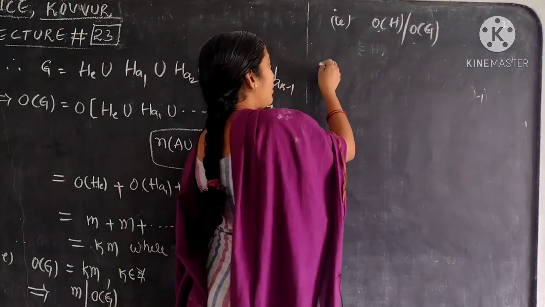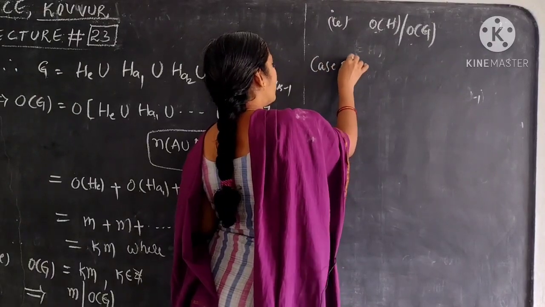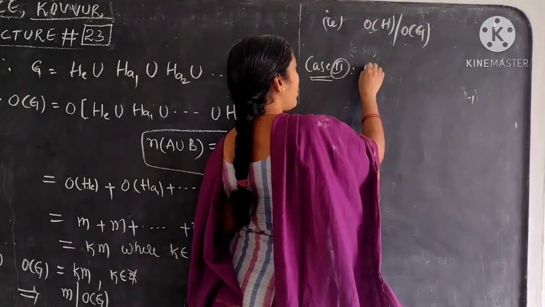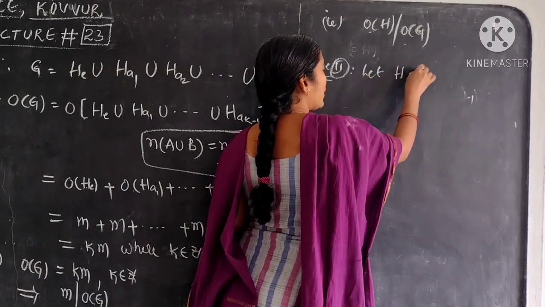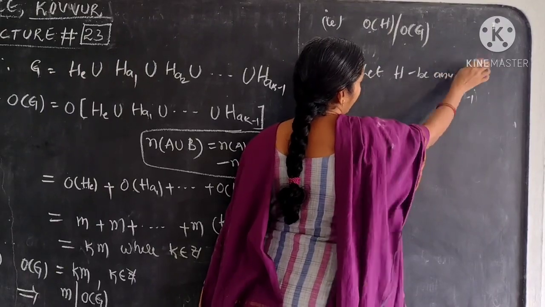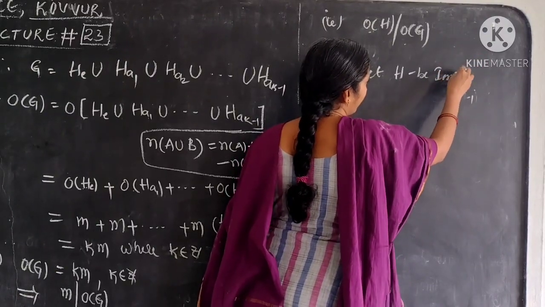Right. Now coming to case 2. What is case 2? It is about improper subgroups. Let H be any improper subgroup.